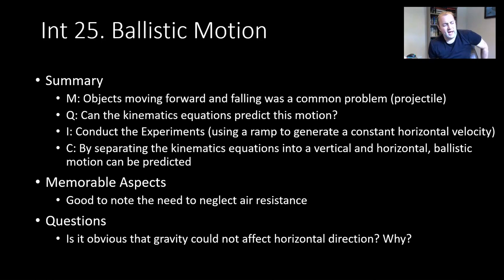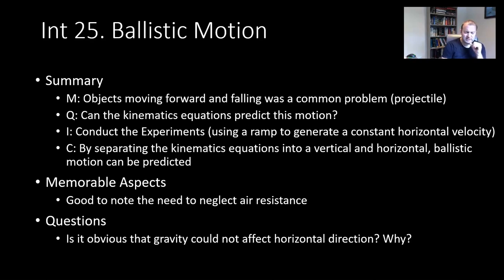A question I had is, it's sort of presented as a fait accompli that we need to separate these into a horizontal and a vertical component. Is it obvious, given that it's a single projectile, that gravity is not going to affect anything about the horizontal direction? If it is obvious, why?